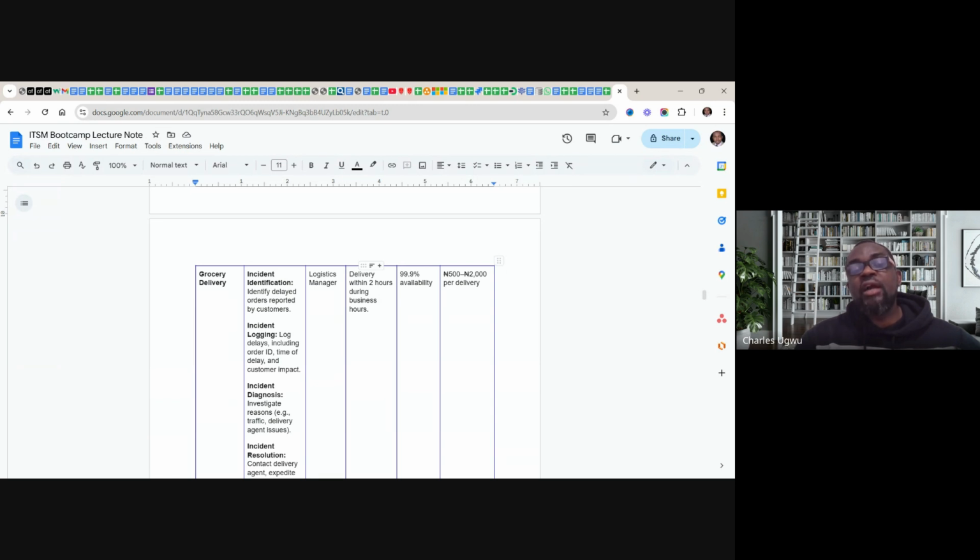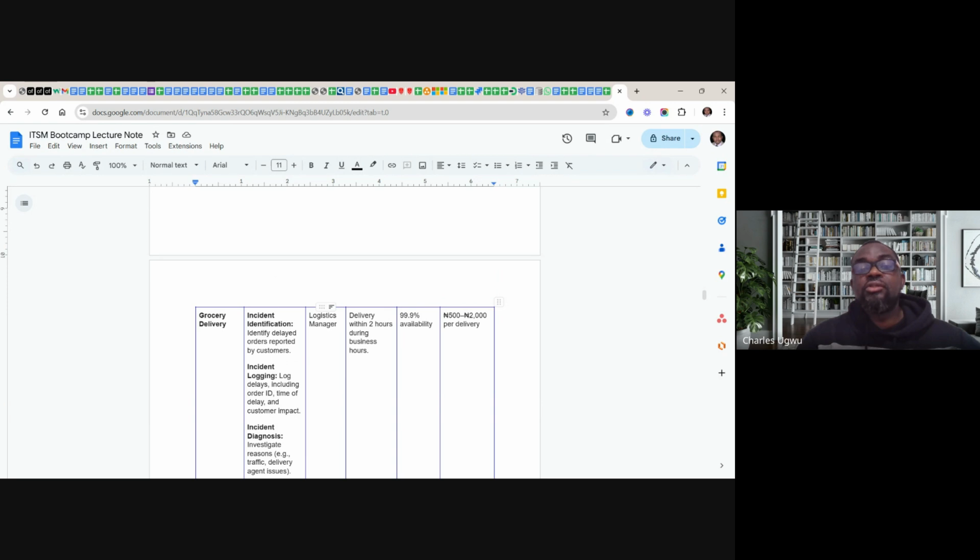The service level agreement can equally come in two ways. This particular one is the service to the customer, and another service level agreement can come in the amount of time to resolve incidents.